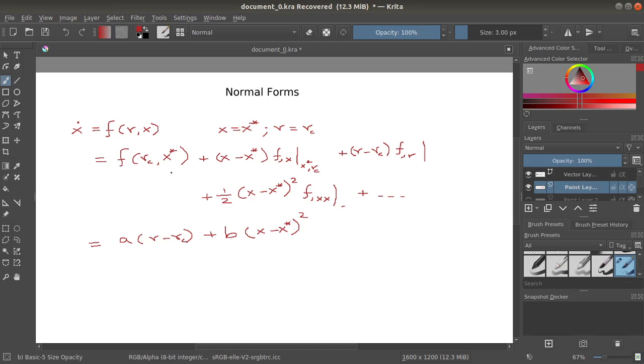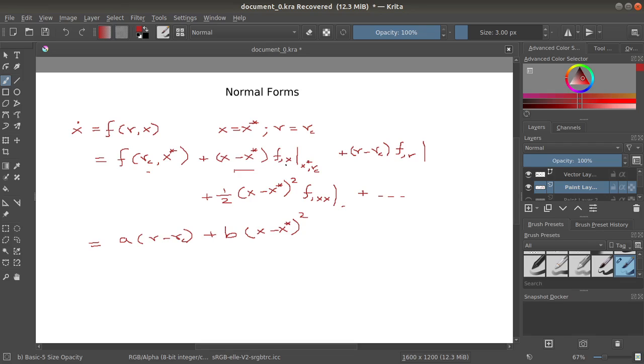What about this term and this term? This term will be 0 because x star is a fixed point, and therefore this term will go to 0. But what about this term? Even this term will go to 0. The reason is we have evaluated this, dou f by dou x, at x star and r critical. At r critical, this function will also vanish.